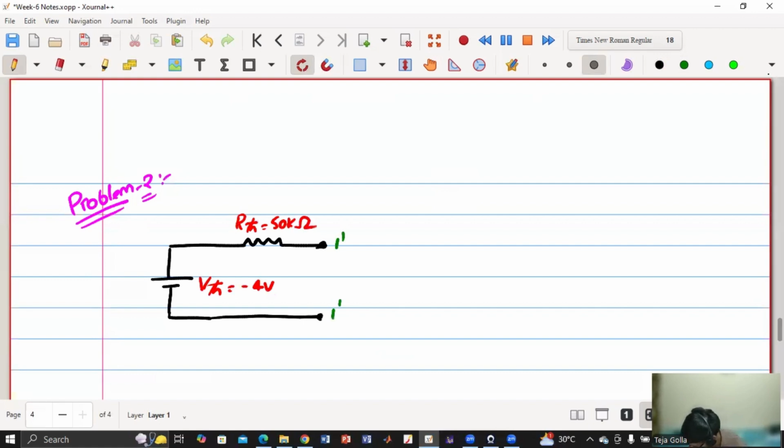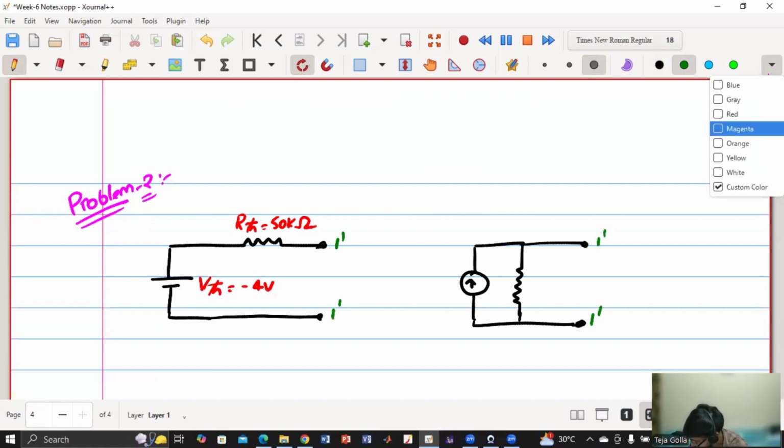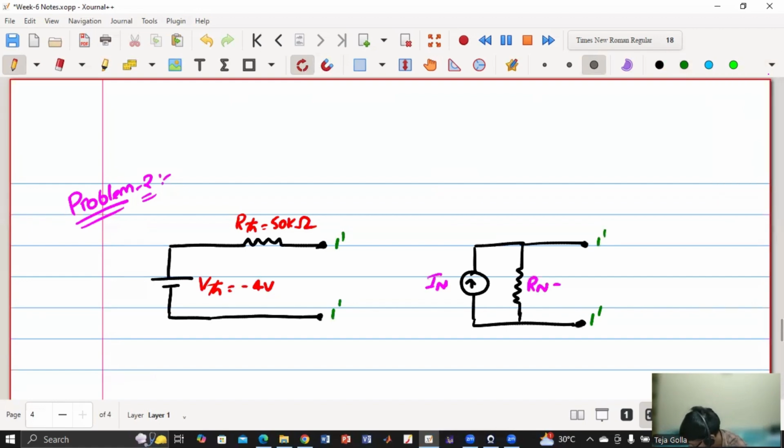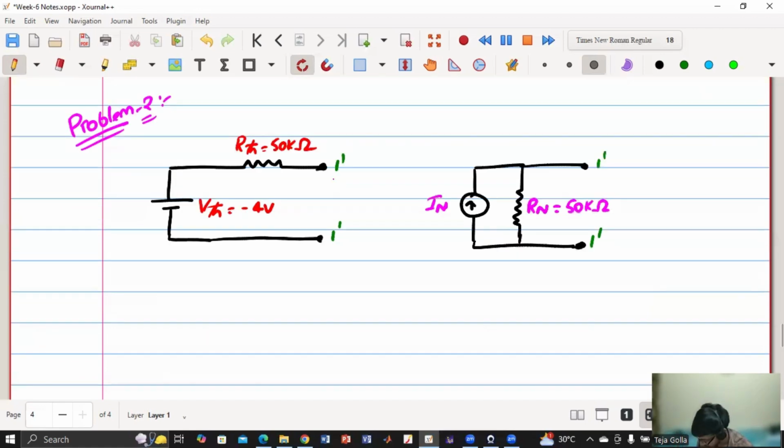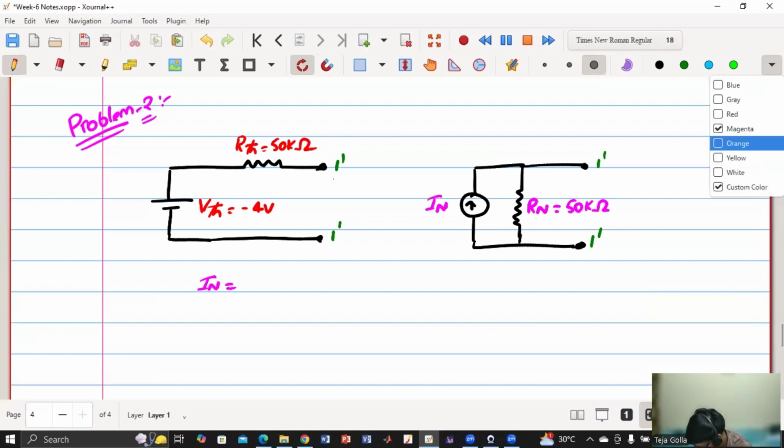Now we are going to convert this into a Norton circuit, which is something like this. The same 1 dash, and we want I Norton, and R Norton is the same as R Thevenin, so it is 50 kilo ohm. And what is I Norton? I Norton is nothing but VThevenin by RThevenin.